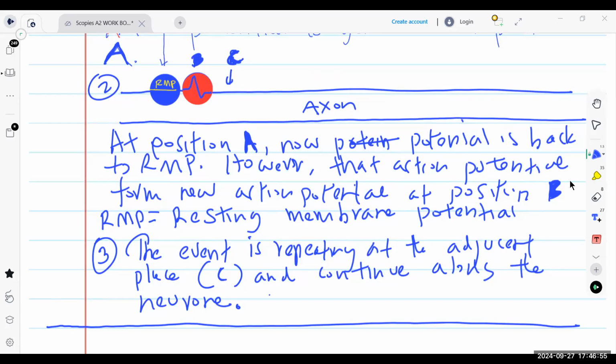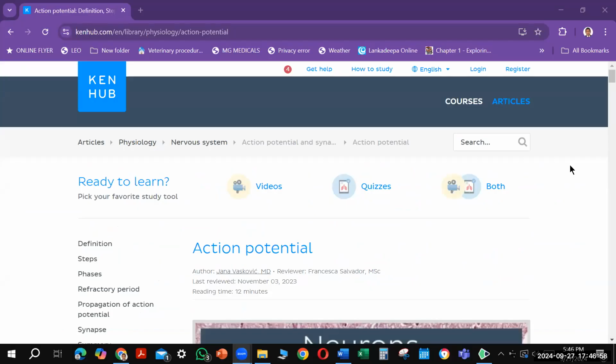Okay, so what you can do is type in Google how action potential propagates in neurons. This website is called Kenhub. What is Kenhub?